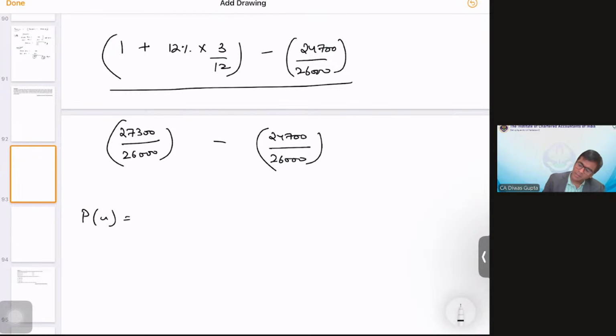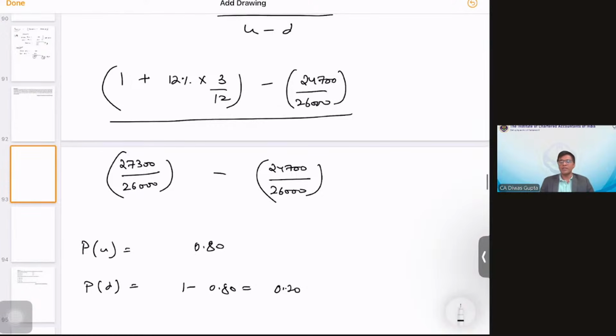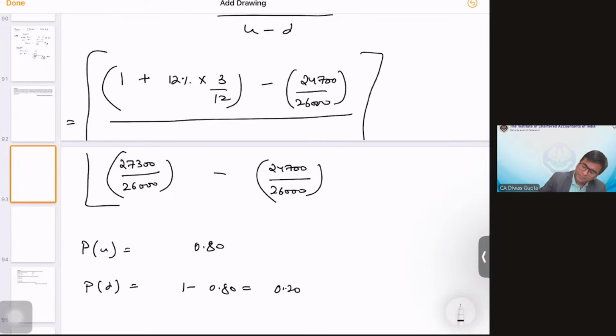So the probability of prices going up 0.80, probability of prices going down will become 0.20, right? If we solve this equation, this entirely is 1. So the probability of prices going up becomes 80%.